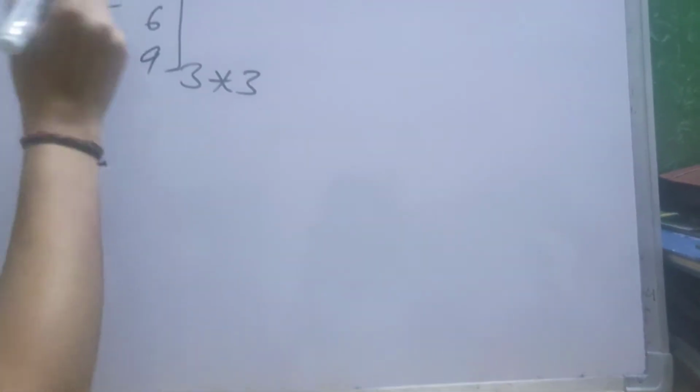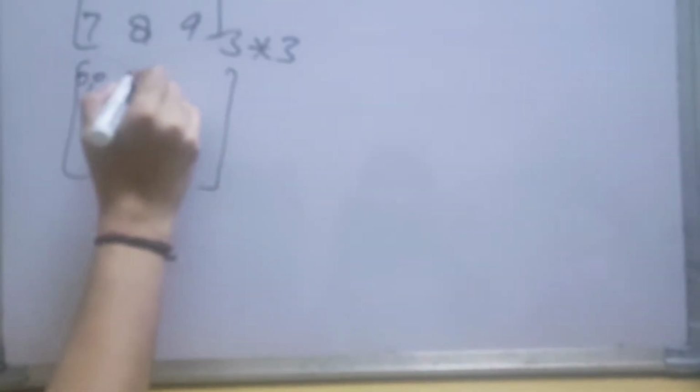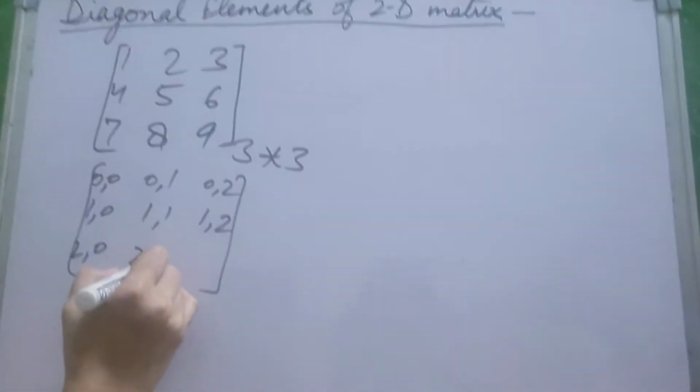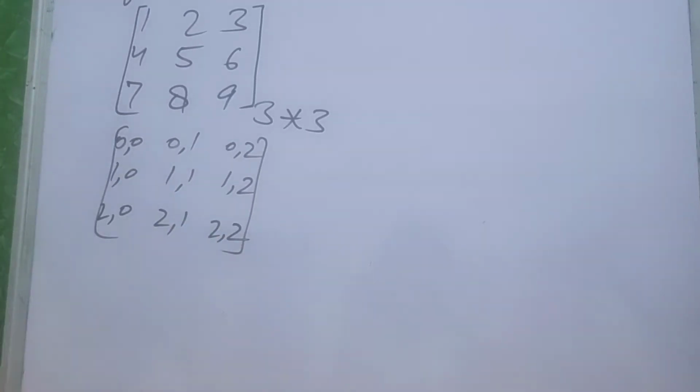Now we have its indices: this one is 0, 0, this one is 0, 1, this one 0, 2, then 1, 0, then 1, 1, then 1, 2, then 2, 0, 2, 1 and then 2, 2.